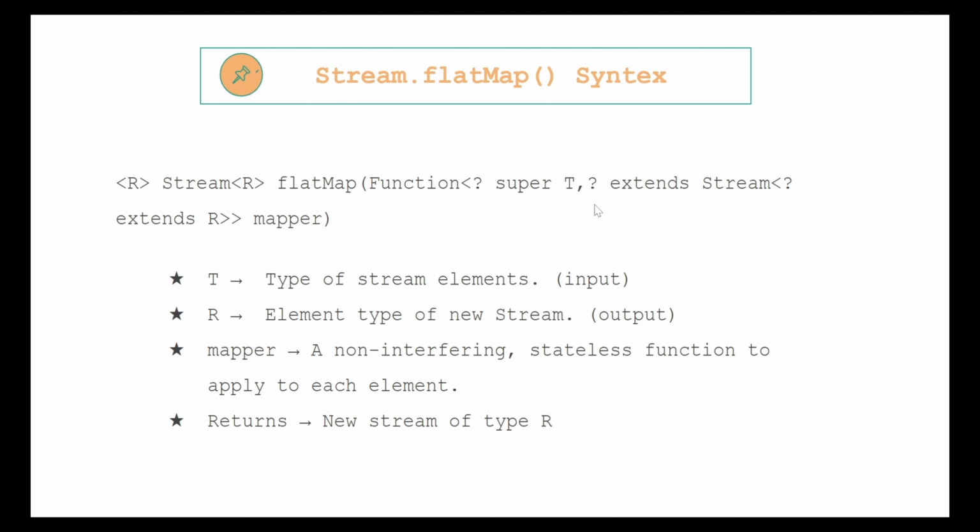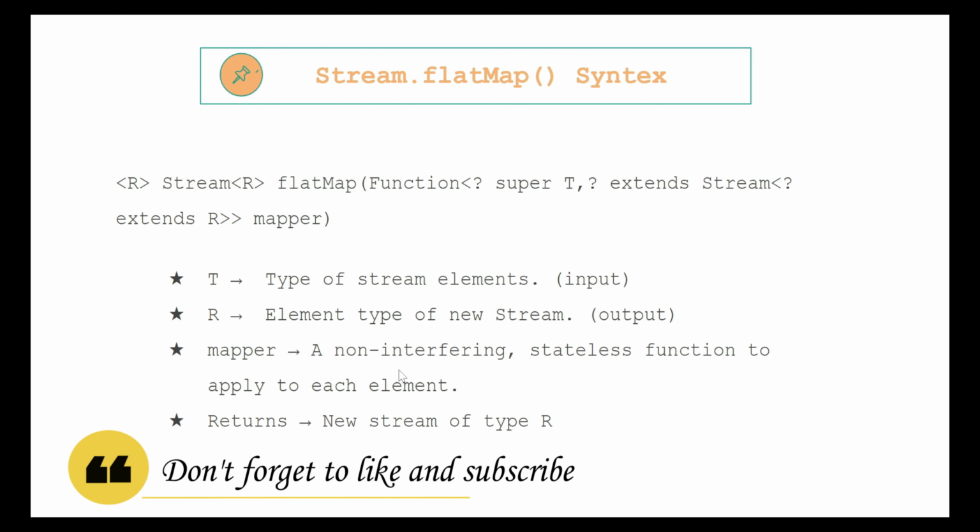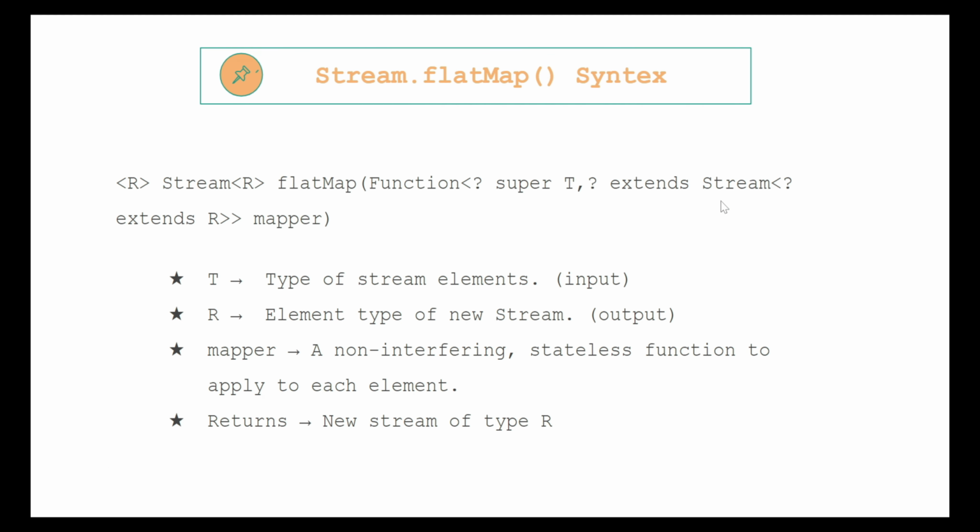It means it takes T as an input and it returns the stream of type R as an output. So this mapper is a kind of non-interfering stateless function, which is going to apply on each element in the stream pipeline, and it returns the new stream of the type R, which we already discussed. So this is the syntax of flatMap.